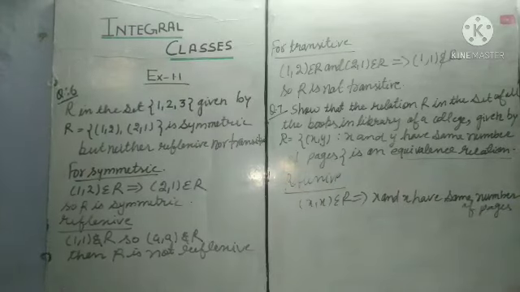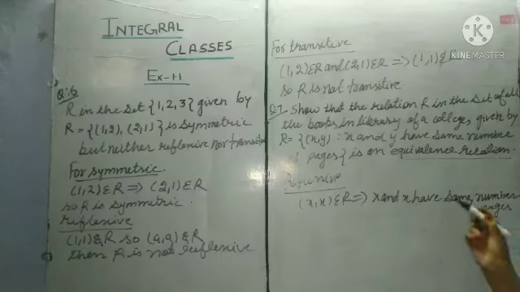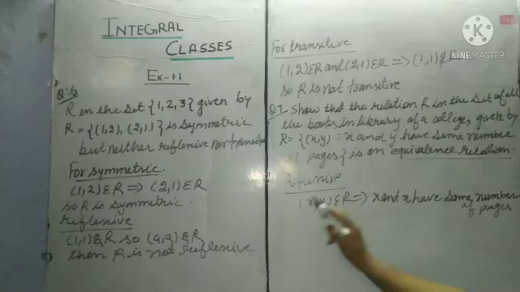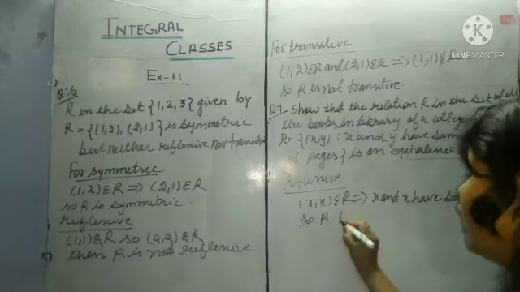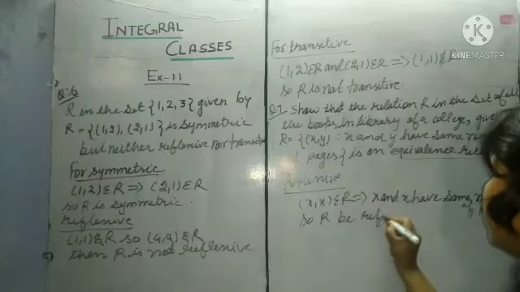So student, as we know, in a library many books are there and many books have the same number of pages. So it should be reflexive. So R is reflexive.